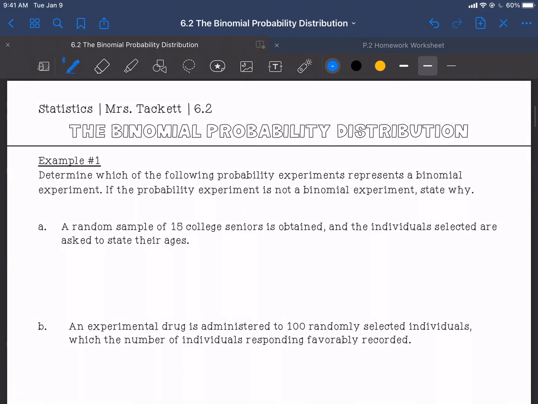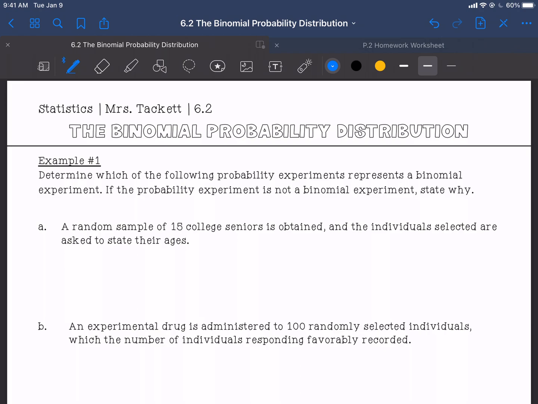For the first example here, we are going to determine which of the following probability experiments represents a binomial experiment. If it's not binomial, then we're going to state why. So we need it to pass those four criteria. In A, a random sample of 15 college seniors is obtained, and the individuals selected are asked to state their ages.